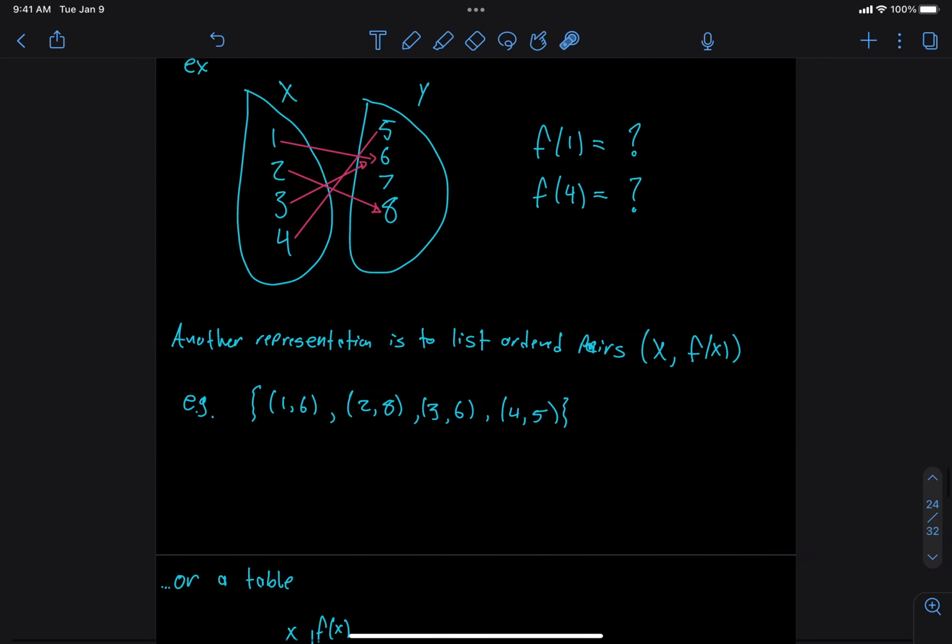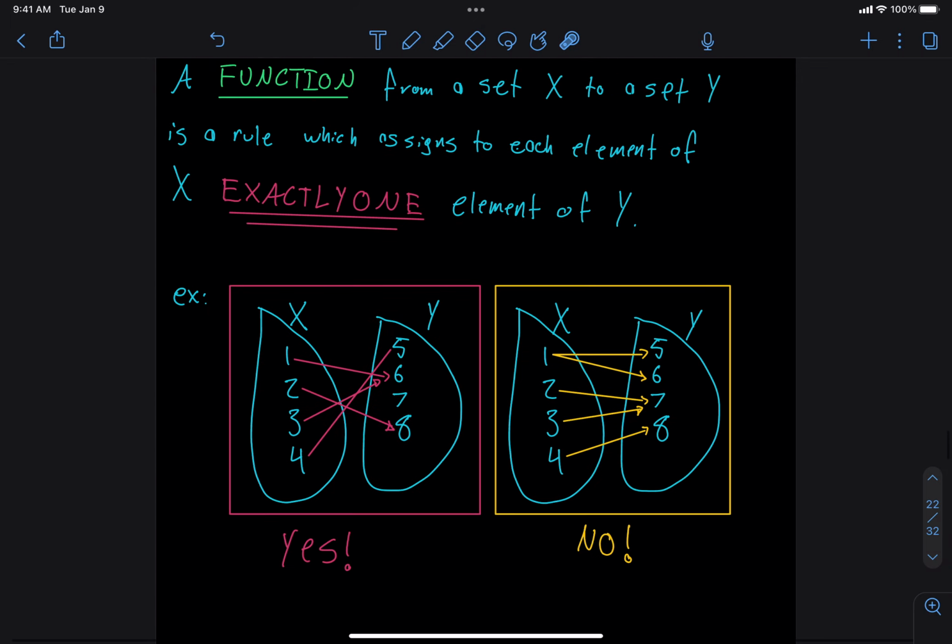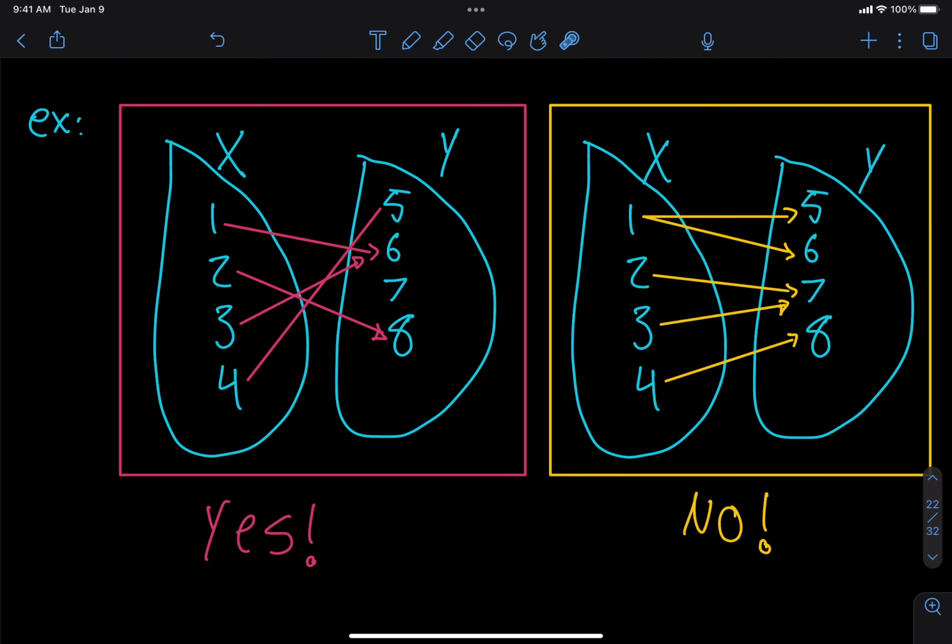What we need to understand is that repeated y values are fine. For example, in example 1, we have 3 and 1 both mapped to 6. This is okay, no problem here. Repeated values in x, which we'll later come to know as the domain, which map to separate values in the range, is going to be a big no-no for functions.